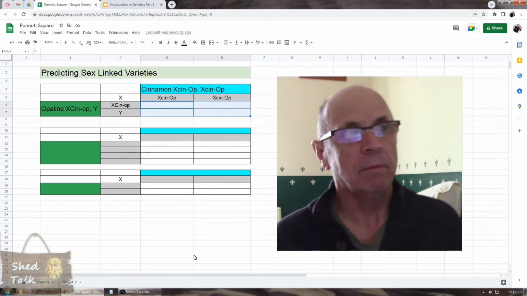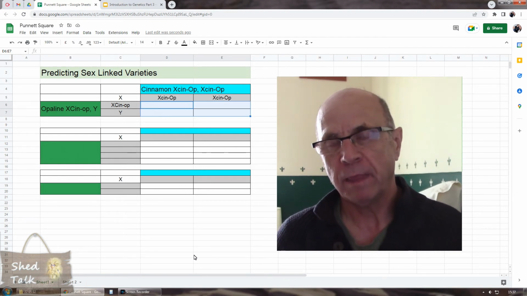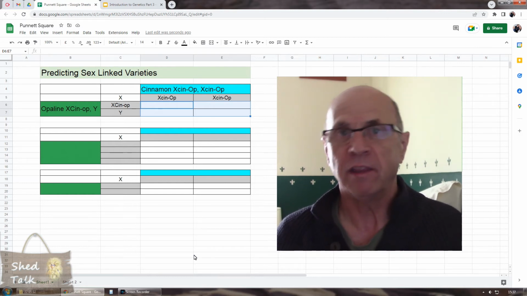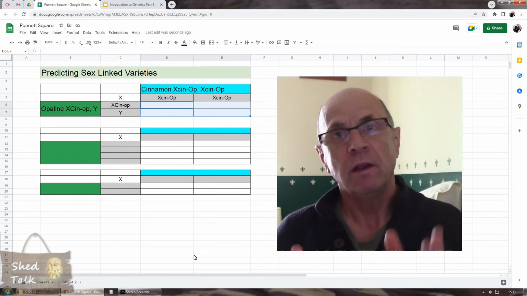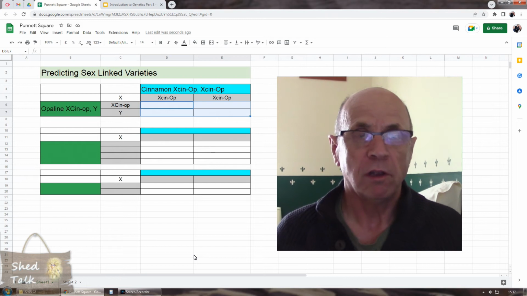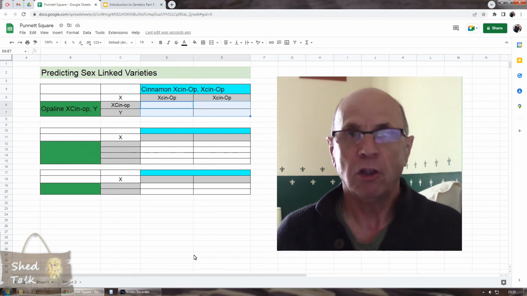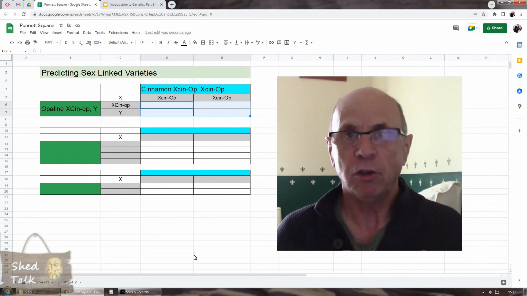Notice this time that we are considering both the cinnamon and the opaline genes, and therefore we need to represent that in both birds. However, both of these genes sit on the X chromosome, so we need to link them to the X chromosome that they sit on, and we do this by the dash.